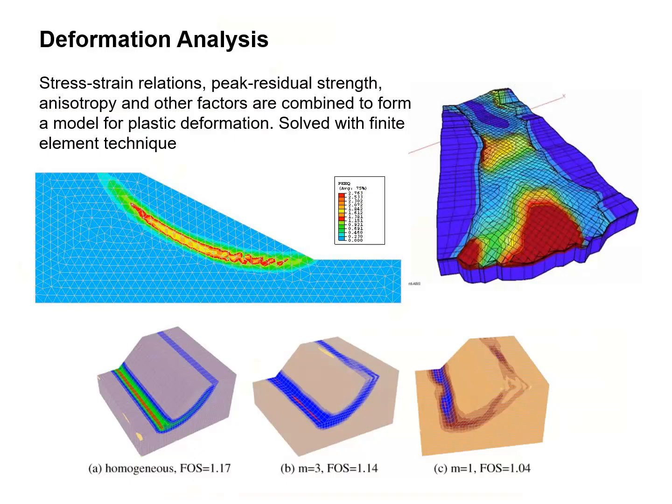Another technique, which is becoming more and more popular, and there are actually a fair number of tools to do this, is a deformation analysis. In this case, typically this is a finite element method, often a three-dimensional finite element method, where you put in the geometry of the slope and its soil properties, the material properties for the elements.